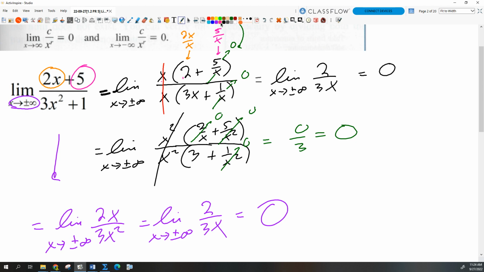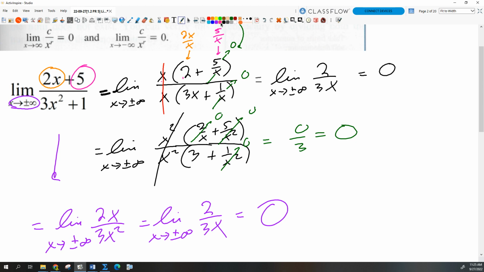What's the limit of 2x without the 5 as x approaches infinity? So who cares? It's the same thing. We don't need that plus 5 on there. It doesn't really contribute anything. So we can just get rid of those if we're taking the limit. Now, is 2x plus 5 over 3x squared plus 1 equal to 2x over 3x squared? It's not, but their limits are equal. They both go to infinity.